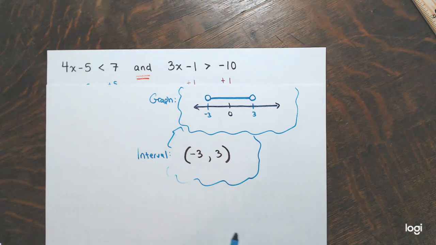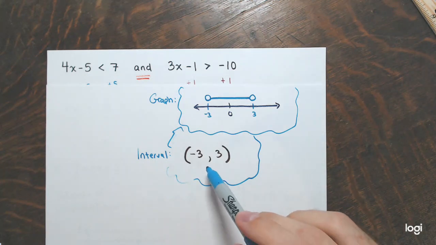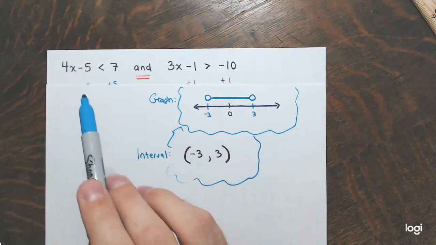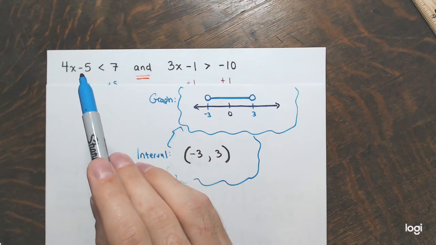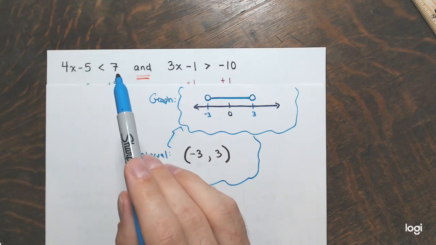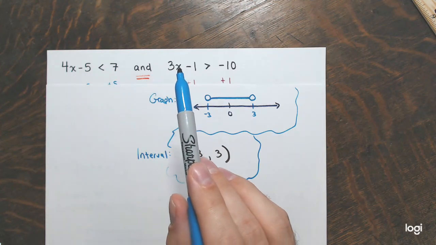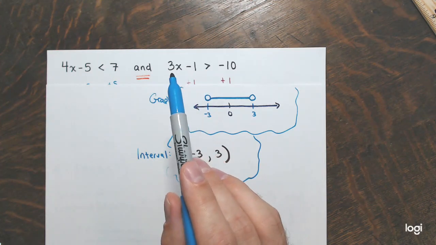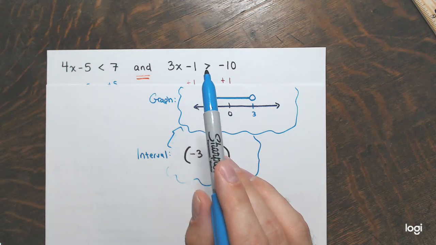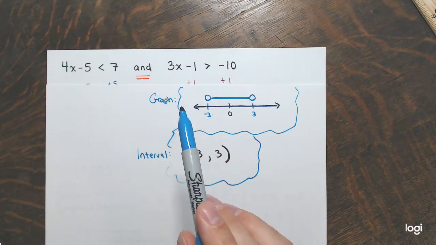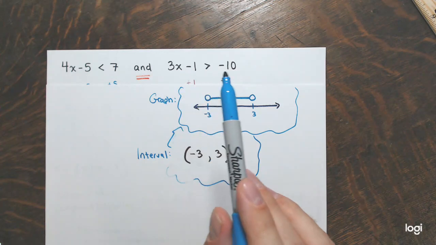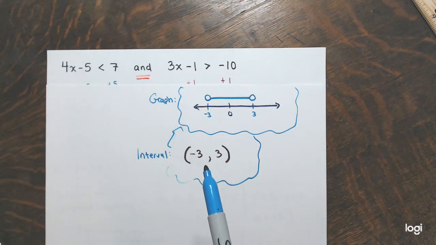How about just 0? 0 is between -3 and 3. Well, if you put in 0 here, 4 times 0 is 0, minus 5 is -5. Is -5 less than 7? Yes. Then 3 times 0 minus 1 would be -1. Is -1 greater than -10? Yes, because -1 is to the right of -10 on the number line. So yes, both are true when x is 0.